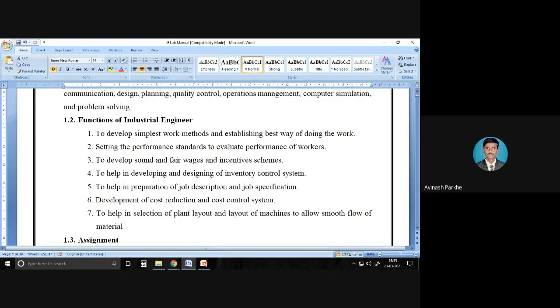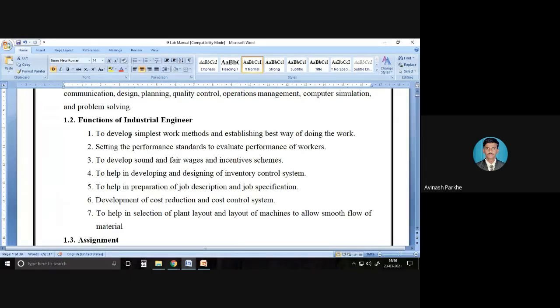And the last one: to help in the selection of plant layout of machines to allow the smooth flow of material. Whatever plant layouts we are designing, whenever we start a new industry, at that time the industrial engineer plays a very, very important role. On one side your inputs are there, and on the other side your output is there.